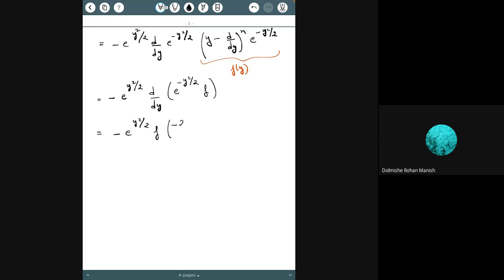That gives me minus 2y by 2 e to the power minus y squared by 2 f. And then we have the next term where I take out the minus y squared by 2 and I do a d/dy on f.